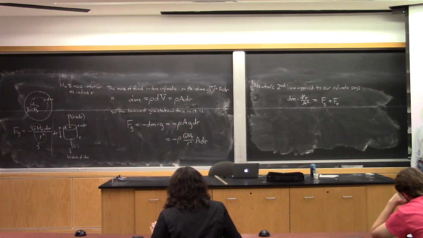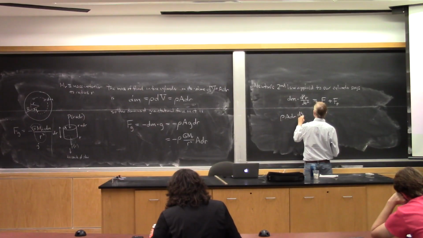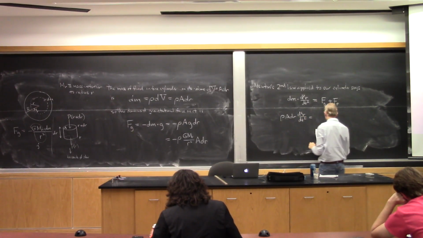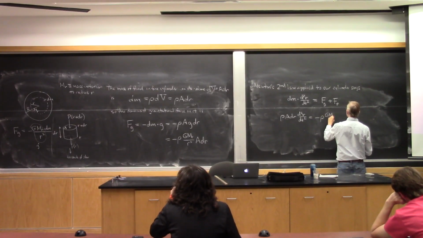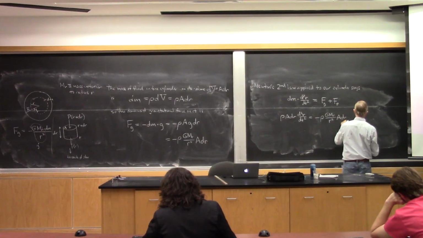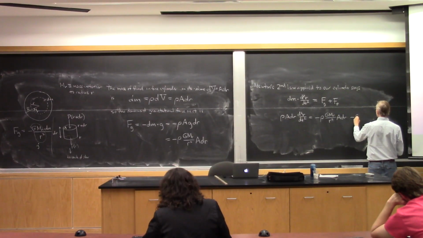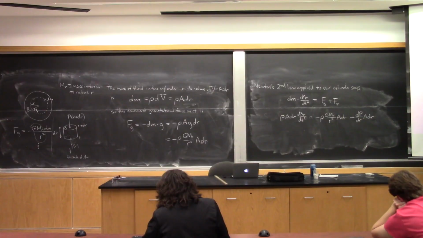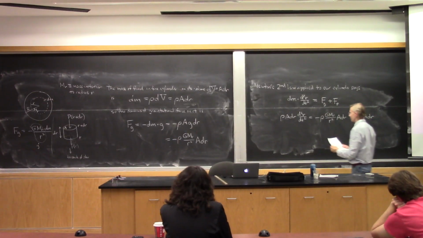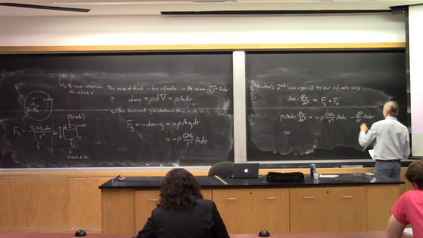Yep, rho a dr. So we have that rho a dr d squared r dt squared is equal to the gravitational force, minus rho G m of r over r squared a dr, and then before we said that the net pressure force was minus dp dr times a dr. And look at that, there's a dr in every term that just drops out. Lovely, it cancels out.